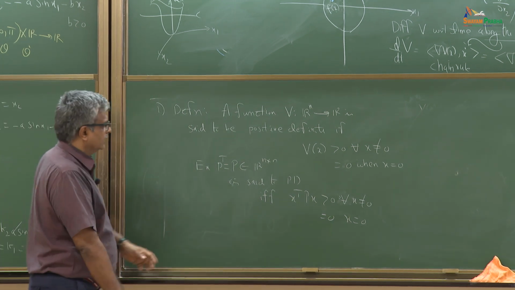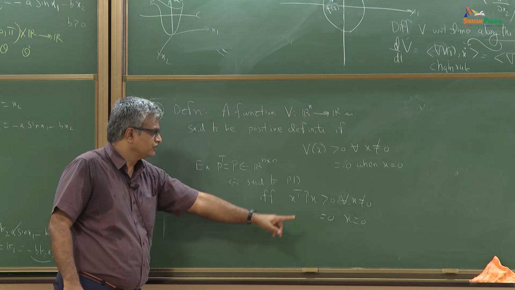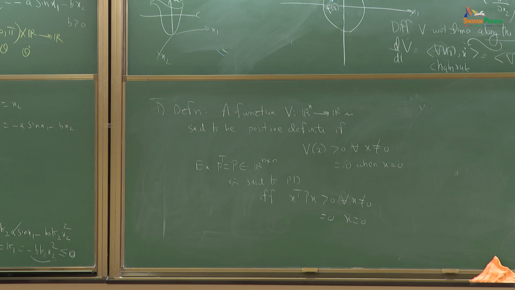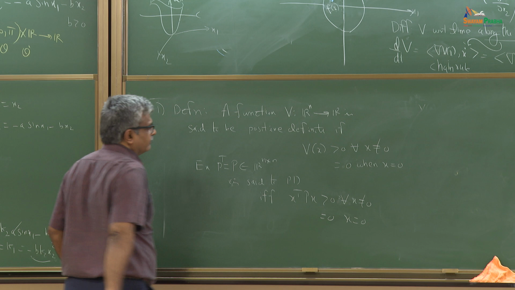So this is what some of you might have used, the positive definite matrix. That means you associate a quadratic with it, and so you have a real valued function, and then just apply this definition.